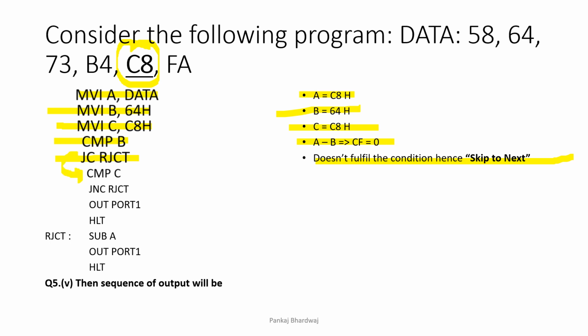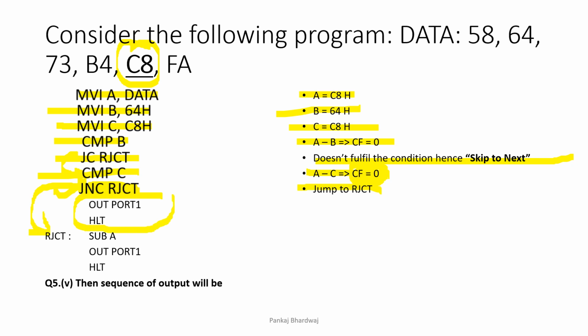Next instruction we compare it with C. Now when we compare A, C8, with C, what we get is 0, because they are both the same. When they are both the same, carry flag is reset. When carry flag is reset, that means jump on no carry executes. So this line executes, and this says jump to reject. So when jump to reject comes, these two lines do not execute, they are simply skipped.